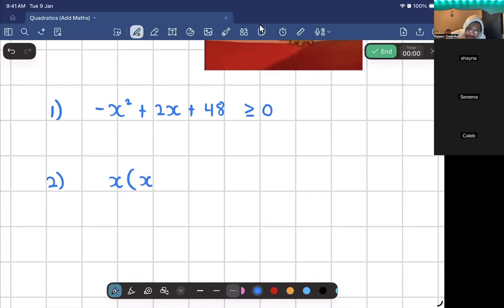Caleb, this one is for you. I'm looking at you. This one is for you. X squared minus 3x. I'm thinking here.